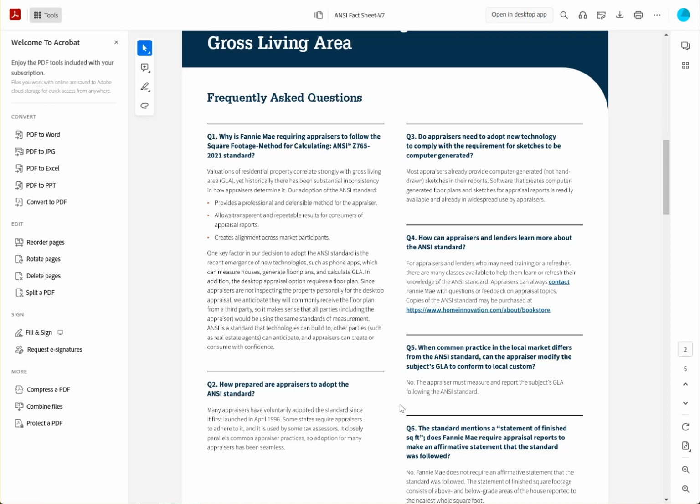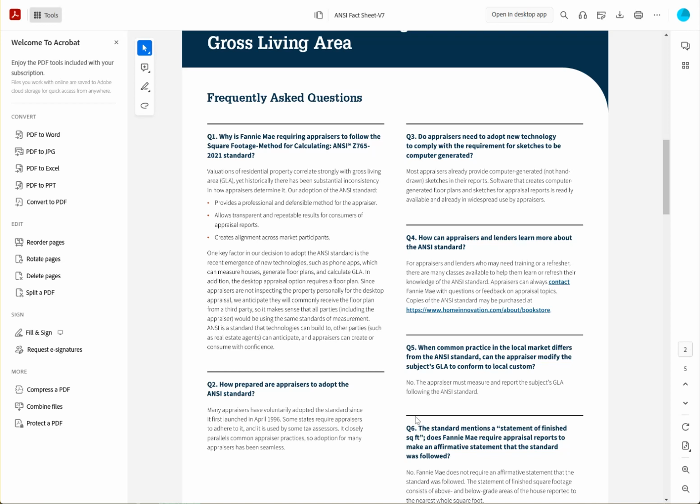One key factor in our decision to adopt the ANSI standard is the recent emergence of new technologies, such as phone apps, which can measure houses, generate floor plans, and calculate GLA. In addition, the desktop appraisal option requires a floor plan. Since appraisers are not inspecting the property personally for the desktop appraisal, we anticipate they will commonly receive the floor plan from a third party.